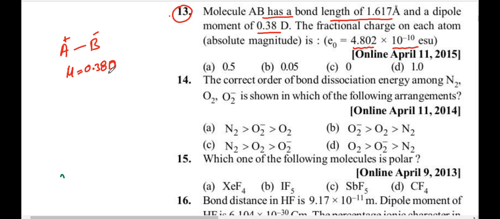So I can write 0.38 into 10 power minus 18 ESU centimeter. This is the mu value.